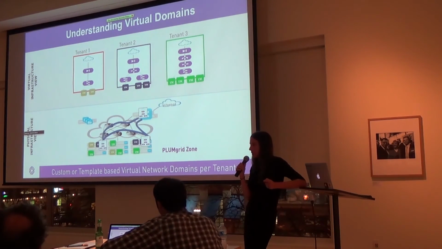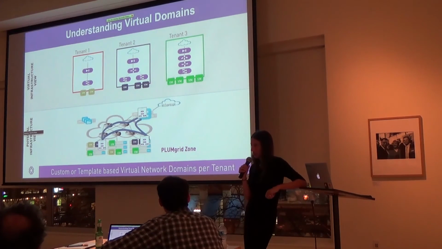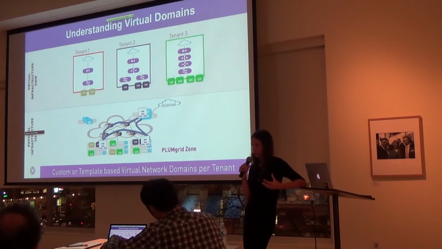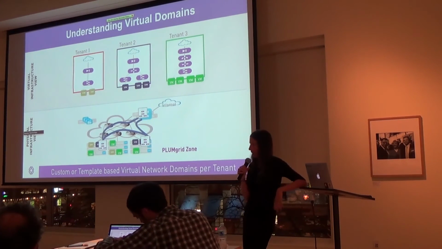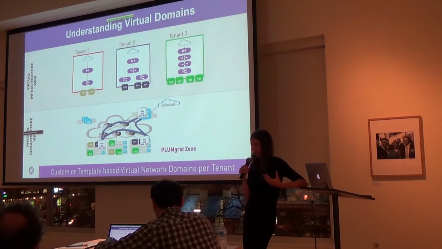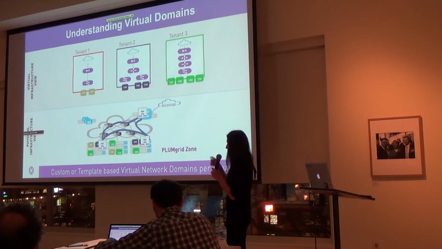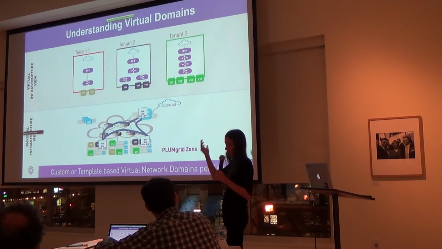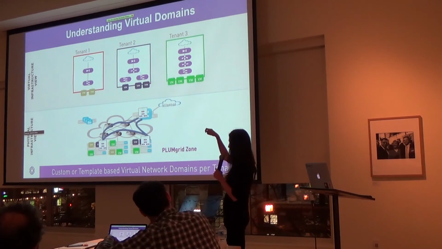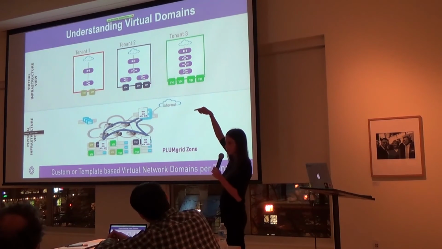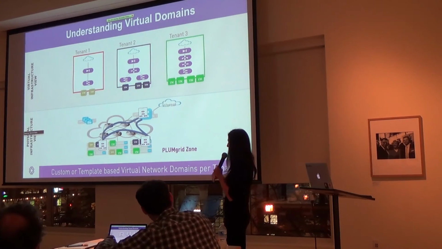So if tenants need to communicate with each other, it depends on the design you have. If you go through what we call a service virtual domain, a service virtual domain is nothing but a logical construct. So what you would literally do is go on the UI or through OpenStack or whatever you want to build it with, and you would create two virtual domains, and you would create a third virtual domain on top and interconnect them. And I can show you a picture as well.